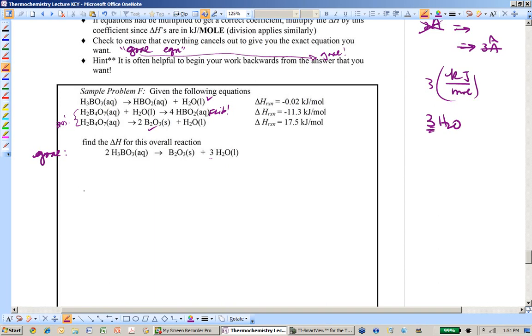So I just have to do some rewriting here. I'm going to leave this first one as is. I also like to line up the arrows. Give yourself plenty of room on this. All right, then I'm going to flip the next one. So I'm looking at the arrow, which means I'm going to put 4 HBO2s over here.